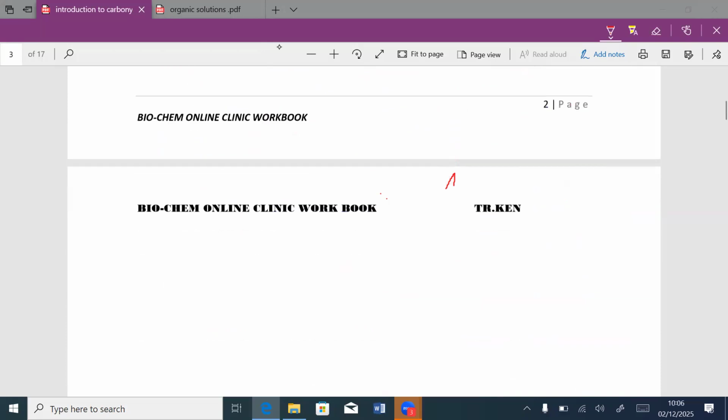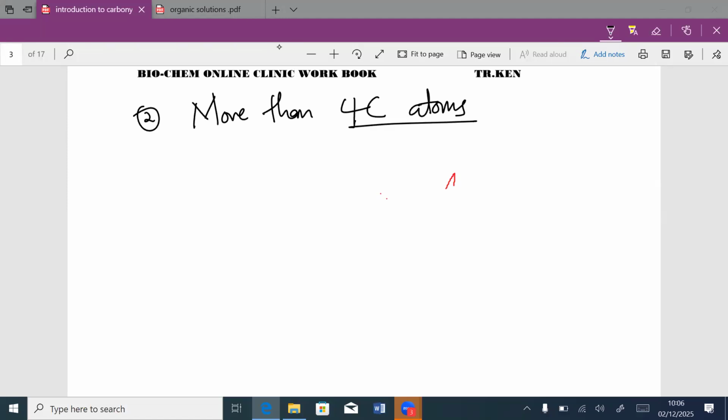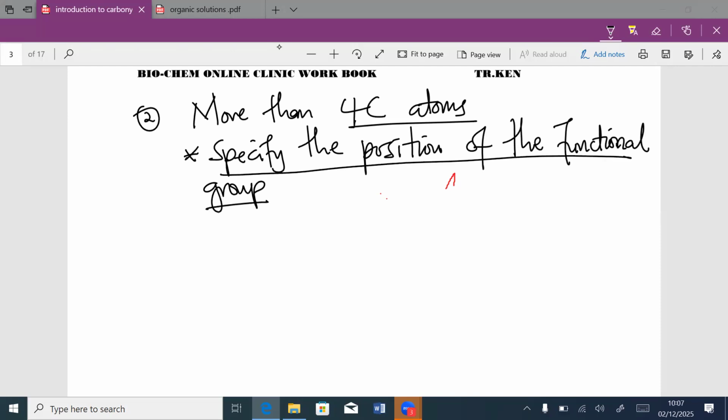Then let me look at the second aspect. If you're having one with more than 4 carbon atoms, you're supposed to specify the position of the functional group.